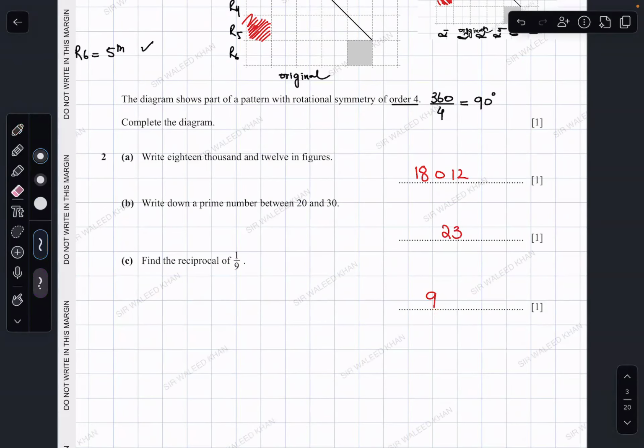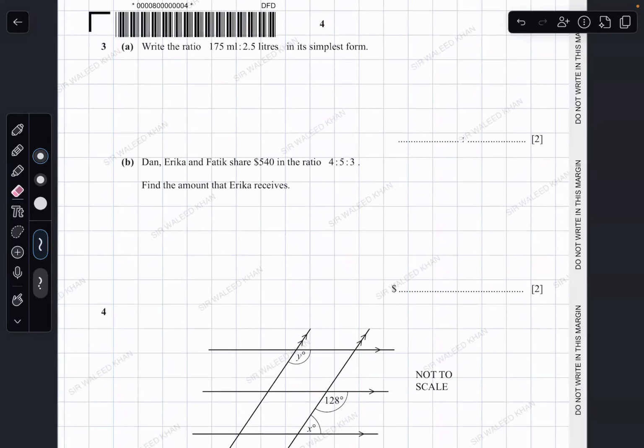Question number 3, write the ratio 175 milliliters to 2.5 liters in the simplest form. If I want the simplest form, I have to convert both to the smallest unit. Out of both these units, the smallest unit is milliliters.